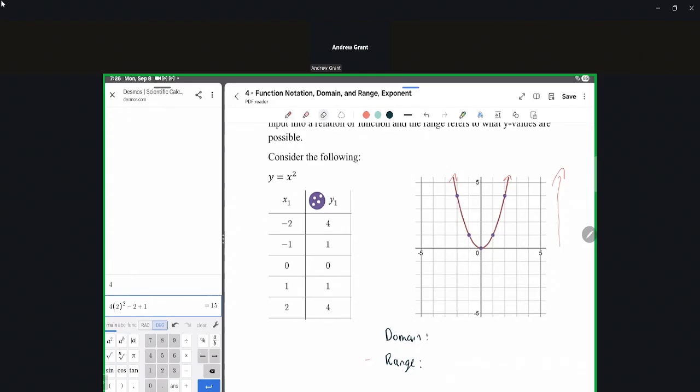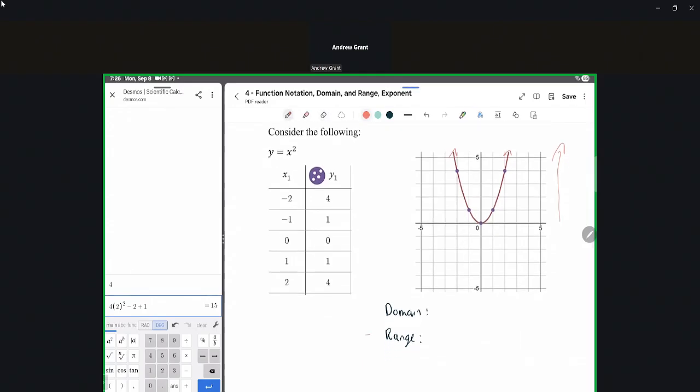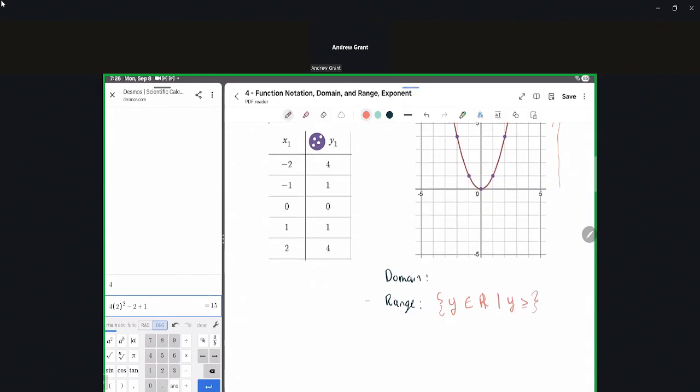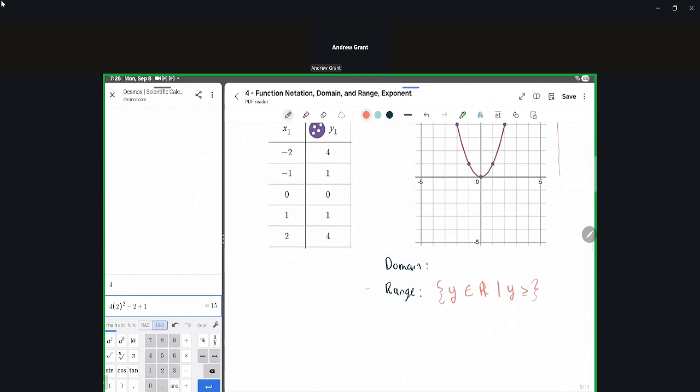And so it's actually impossible to have a point down here. It doesn't exist. So the way we write this, and it's pretty technical, but again, for the moment, we'll just take this as is. We introduce a little squiggly bracket. We say y is an element of all real numbers such that y must be greater than or equal to 0. So very, very fancy notation. Let's talk about what this means.